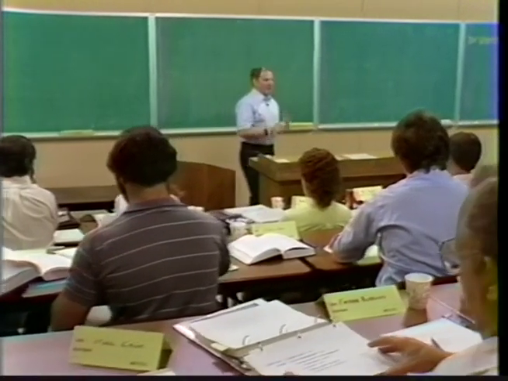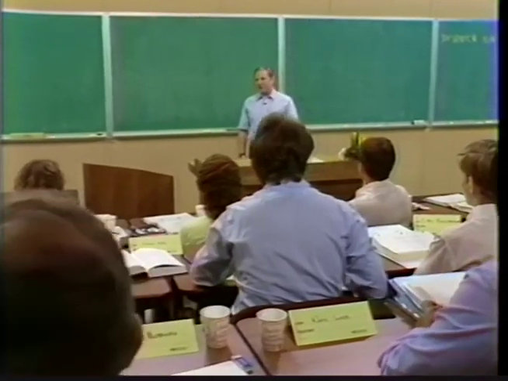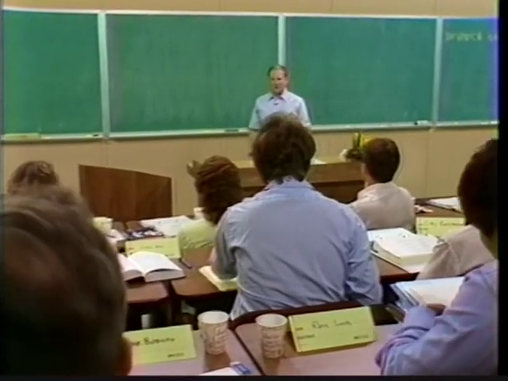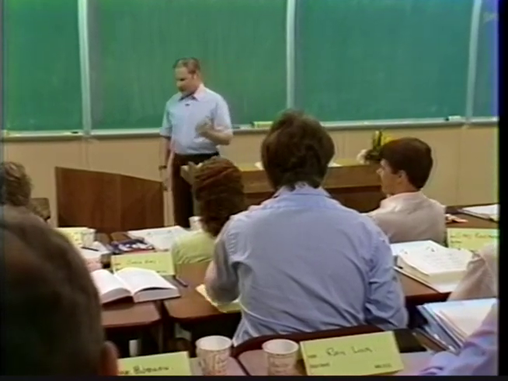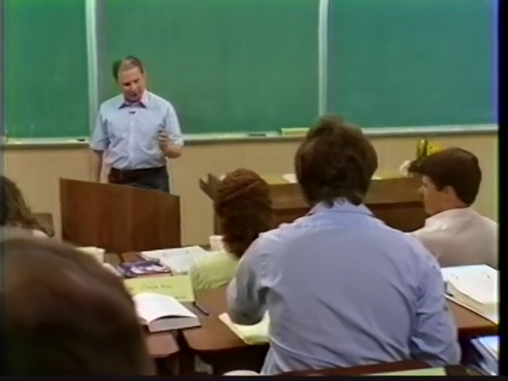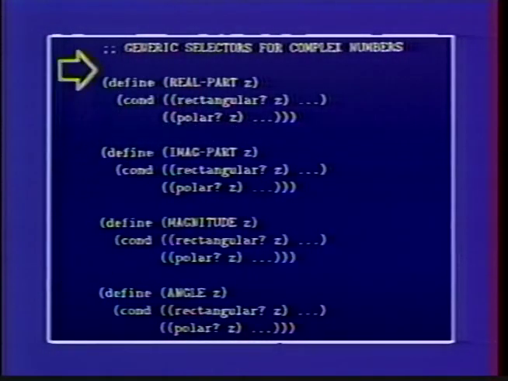That's pretty annoying. It's even more annoying when you realize the manager's not doing anything. The manager is just being a paper pusher. Let's look again at these programs. What are they doing? What does real part do? Real part says, oh, is it the kind of complex number that George can handle? If so, send it off to George.